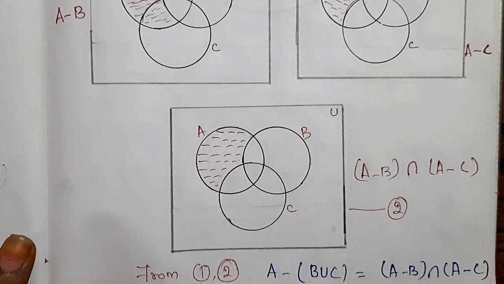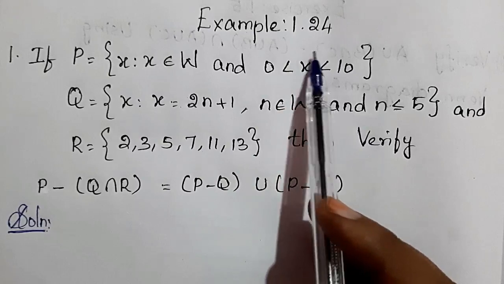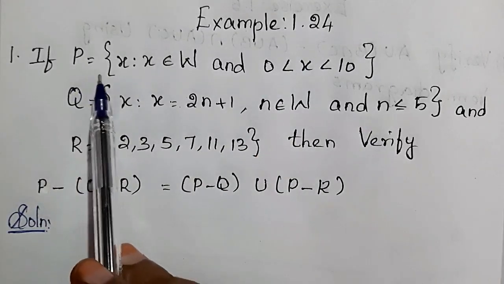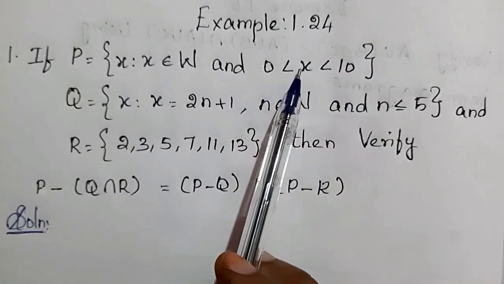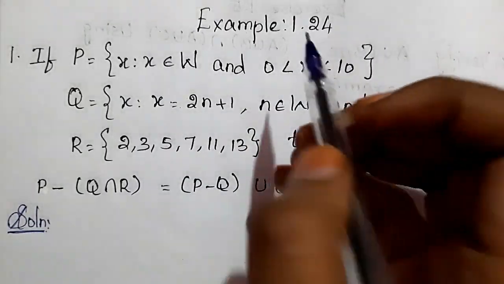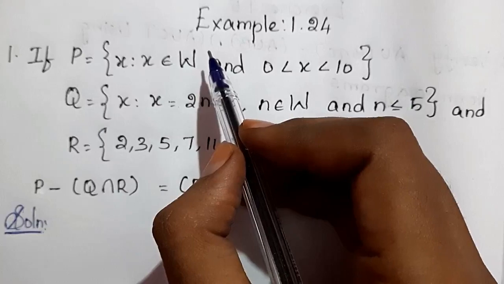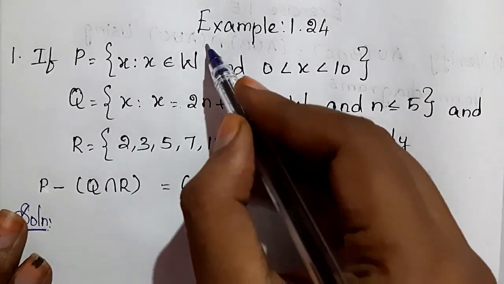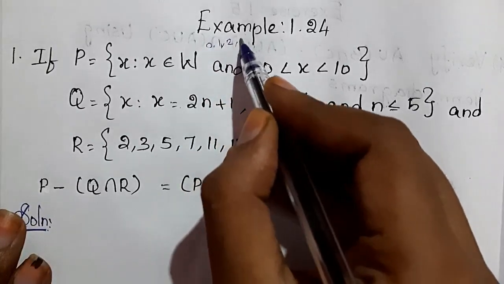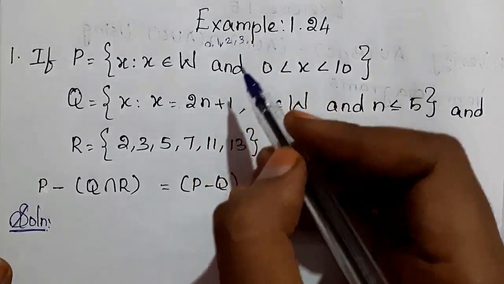Okay. See example 1.24. If P equal to set of all x such that x belongs to W and 0 less than x less than 10. So what is meant by W? Set of all whole numbers. Am I right? Whole numbers start from 0, 1, 2, 3, etc. Okay.